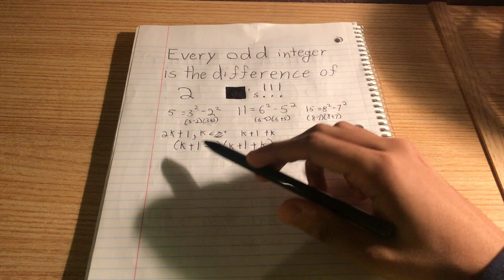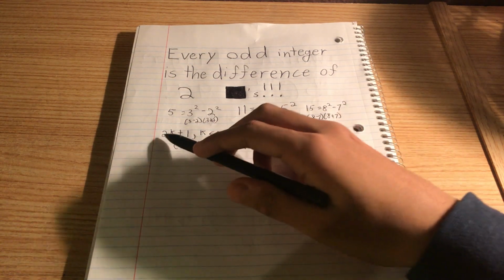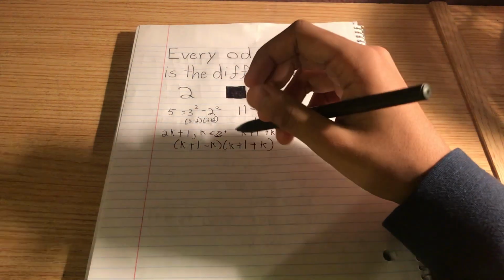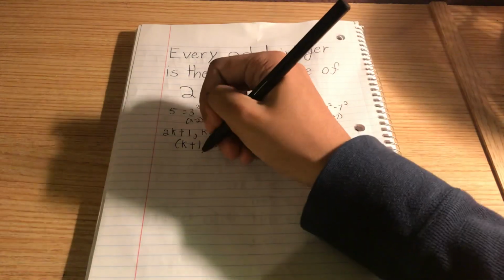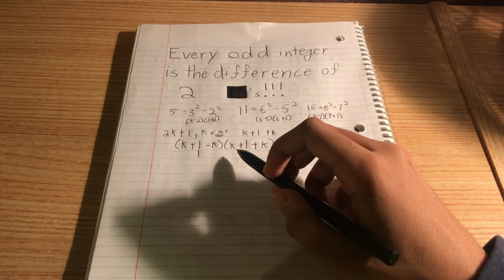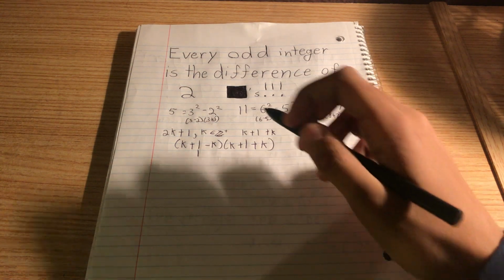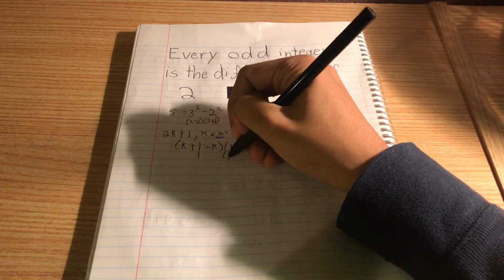So as you can see, k plus 1 minus k, and then k plus 1 plus k is equal to 2k plus 1. Now, notice this, k plus 1 minus k, well, that's just 1. And this right here, k plus 1 plus k, well, that's just 2k plus 1, right?